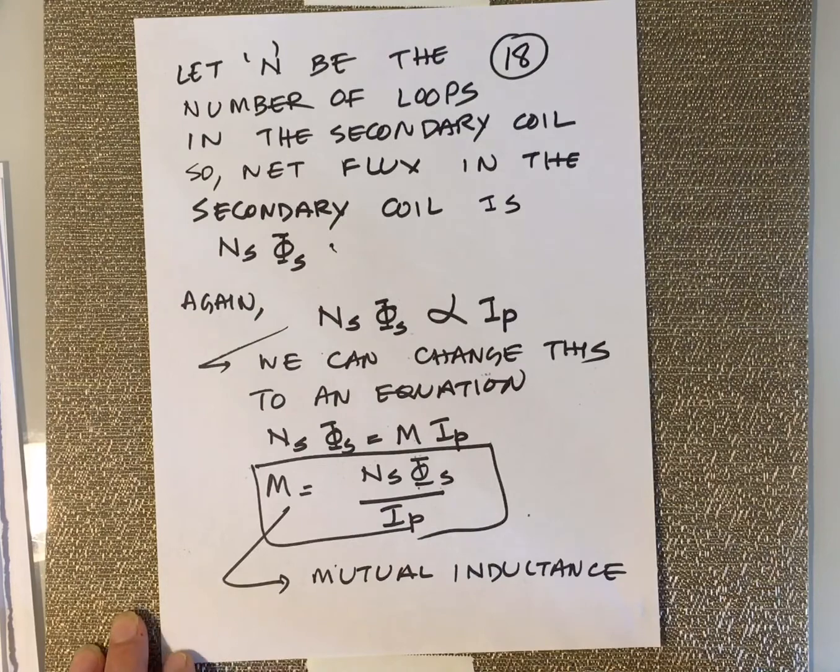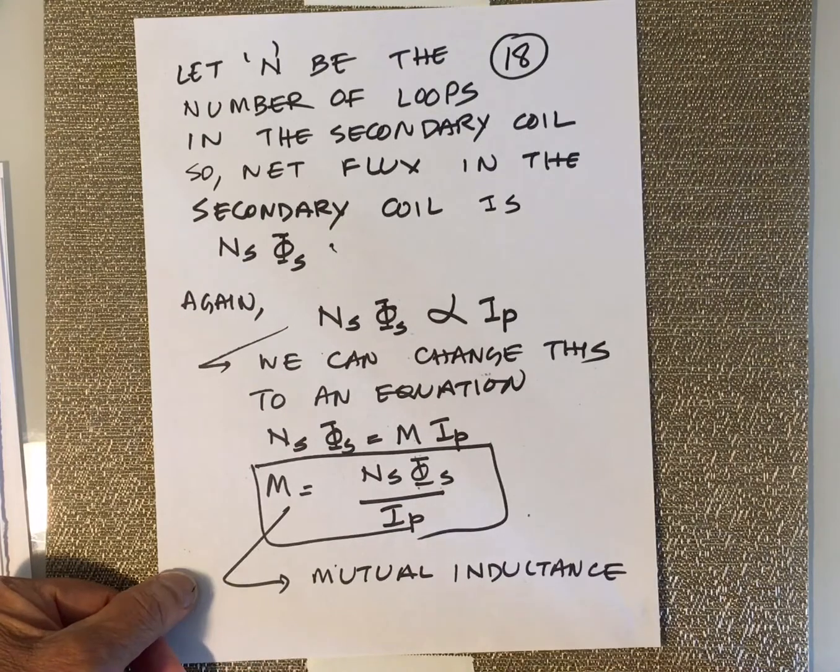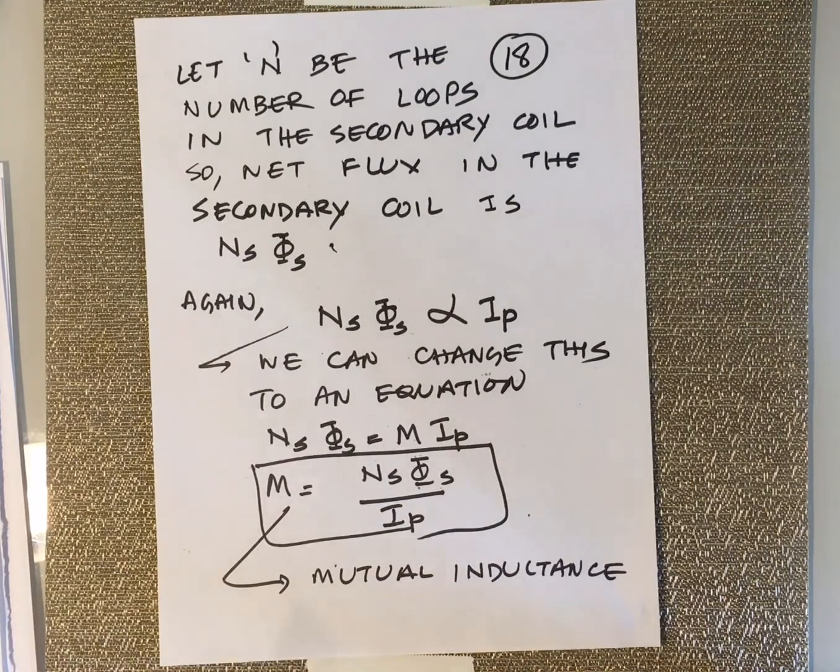Let's say there are N number of loops in the secondary coil. So the net flux in the secondary coil will be Ns, which is N secondary, times the magnetic flux. Again, Ns times magnetic flux will be proportional to IP, the primary current.